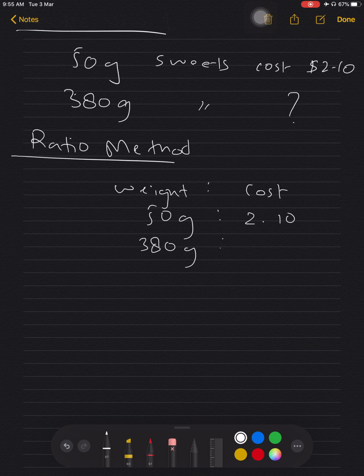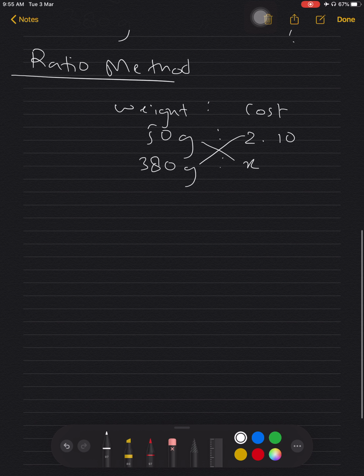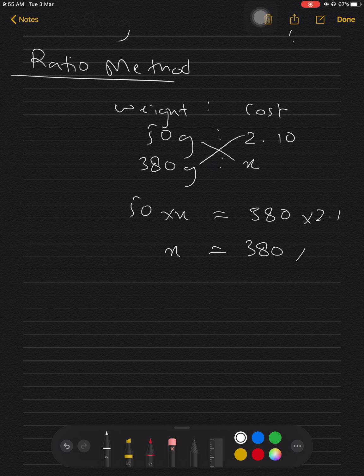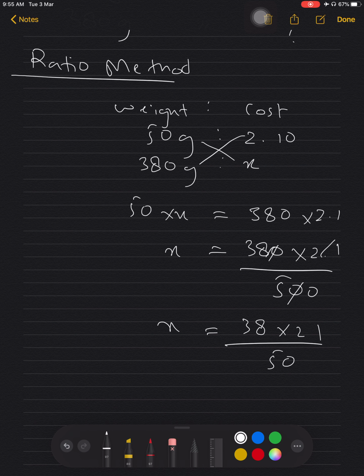The cost is unknown, so we consider it as x. Now cross multiply. 50 times x equals 380 times 2.1. X equals 380 multiplied by 2.1 over 50. 0, 0 cancel out. Remove the decimal, add 0. Now this becomes 38 into 21 over 50.